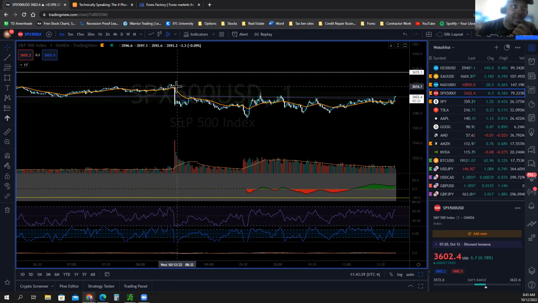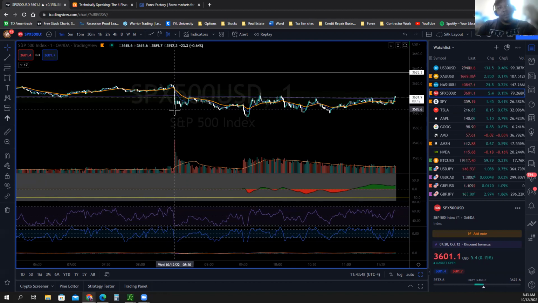Now, this moved from 36.16 to 36.01. So 16 points in a minute. That's a lot of money being lost, right? Within that one minute. So we always want to be aware of reports coming out.